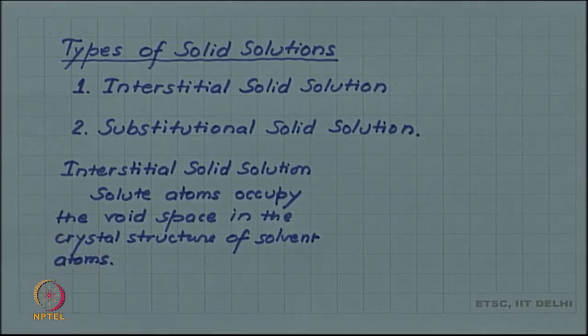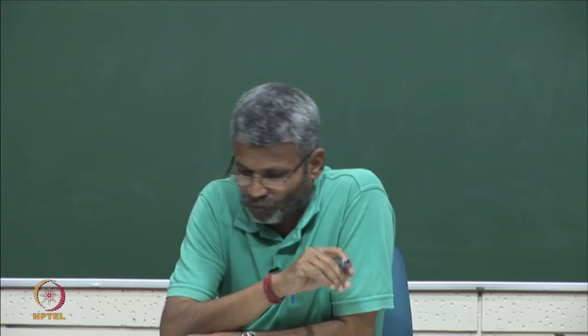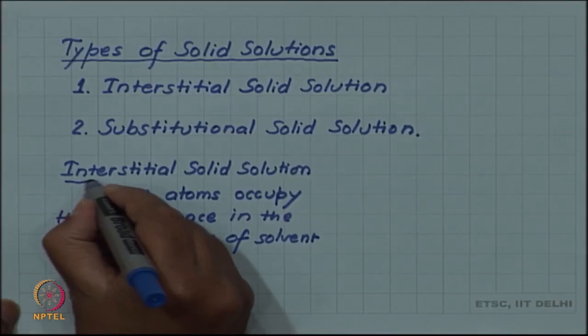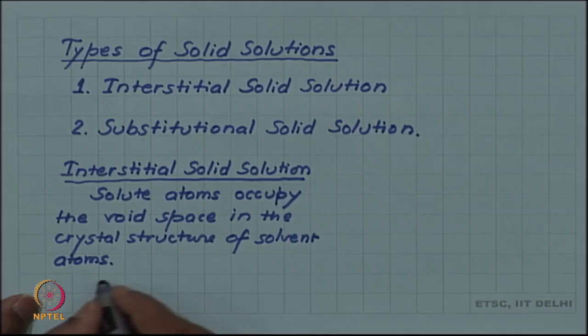We have seen that in cubic close packed structure, for example, you have two kinds of void, tetrahedral void or octahedral void. A solvent atom can have a crystal structure like that, and solute atoms can go and sit in these voids. If it does that, what you have is an interstitial solid solution. And from our example which we gave just now, austenite is an example of interstitial solid solution.